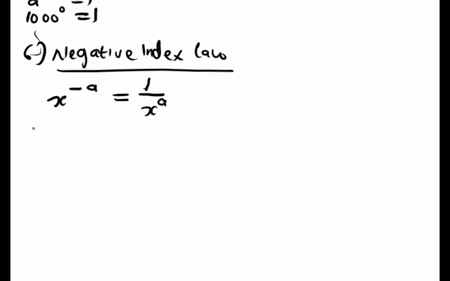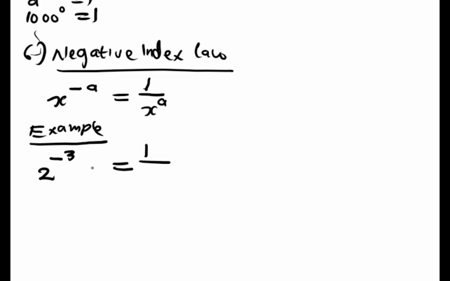Okay, let's take examples. When you have 2 raised to the power of minus 3, the minus here becomes 1 over, and we bring every other thing down. So we have 1 over 2 raised to the power of 3. That is example 1. Now example 2.